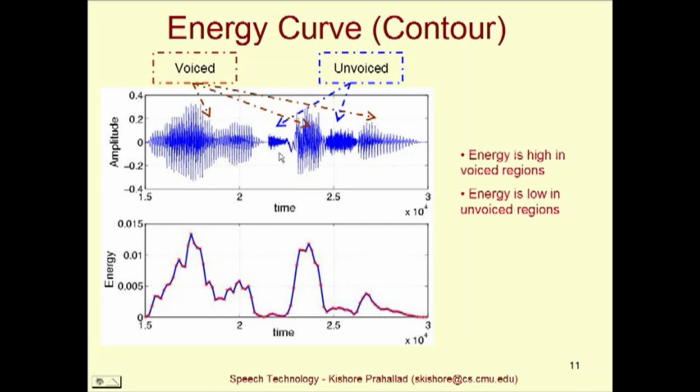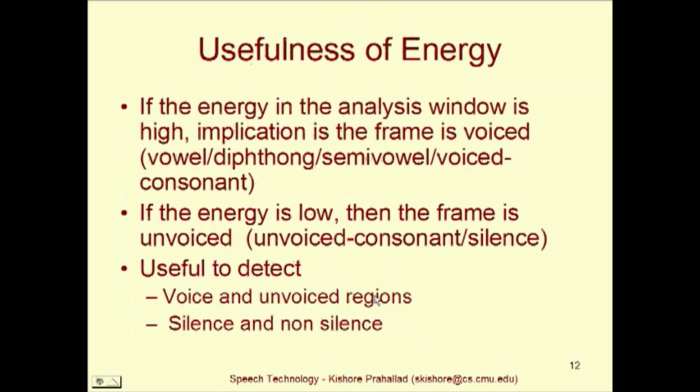What we are observing here is that whenever there is a voiced segment, the energy is high, and whenever there is an unvoiced segment, the energy is low. Similarly, there is a voiced segment here, there is high energy, and then there is an unvoiced segment here, there is low energy, there is a voiced segment here, there is high energy. So you can see the usefulness of this energy as a feature.